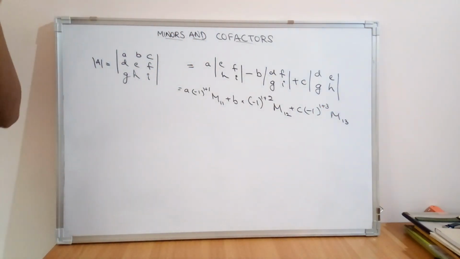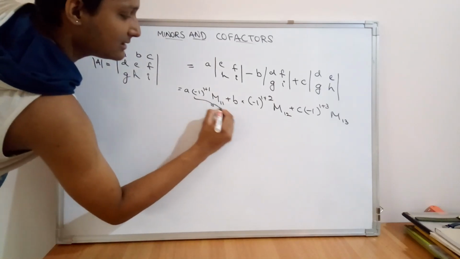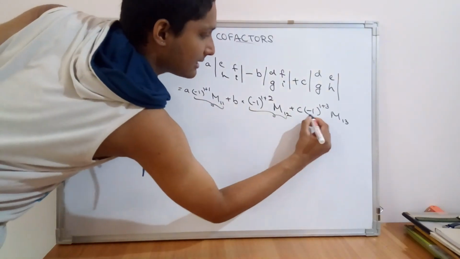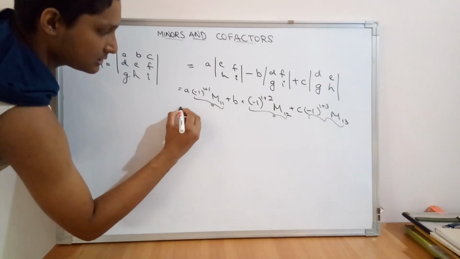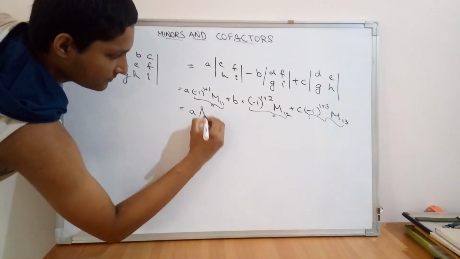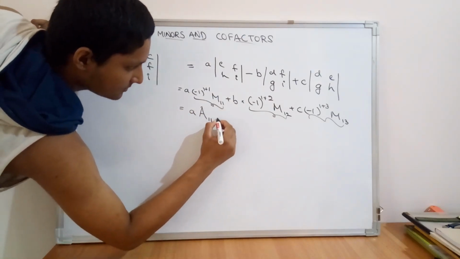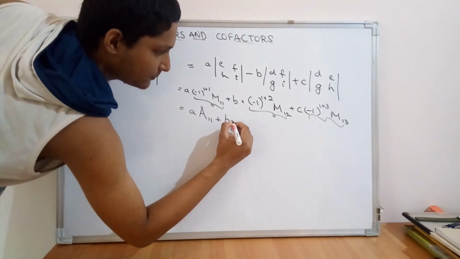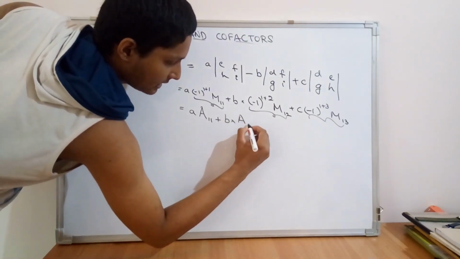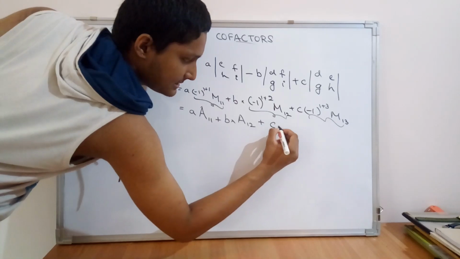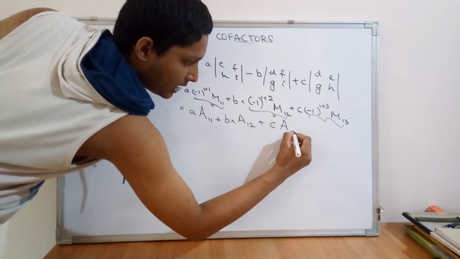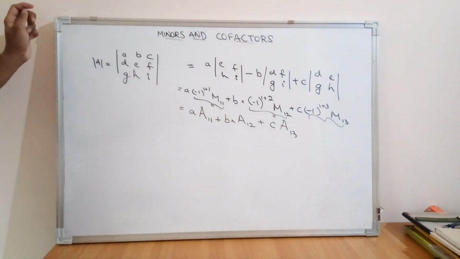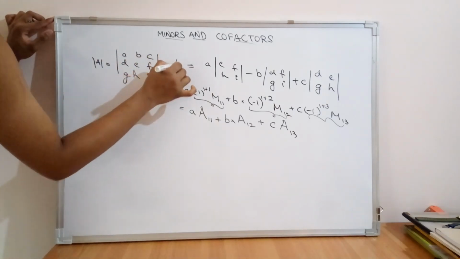Okay, that's all about this. So if I unite this, what is it going to be? A into A11 plus B into A12 plus C into A13. So this was the value of the determinant.